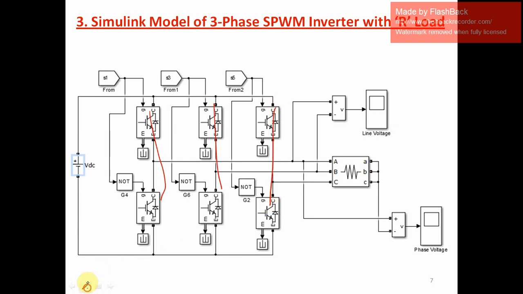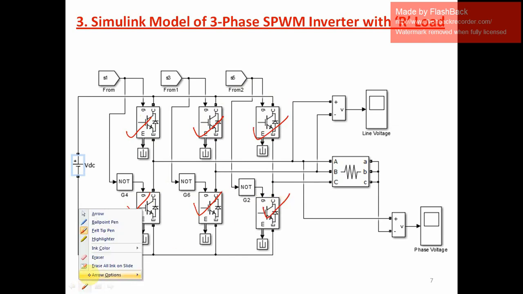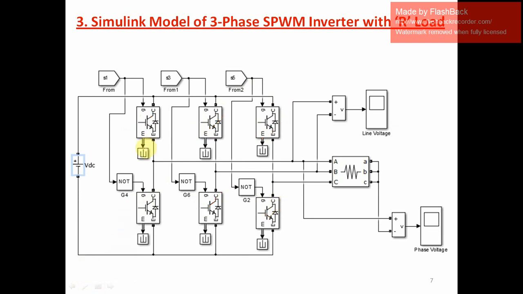So these two IGBTs cannot be on at the same time. Similarly, these two cannot be on at the same time, and similarly in the third leg, because otherwise it will create a short circuit.